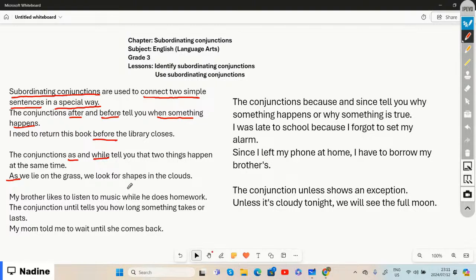And the next one says, my brother likes to listen to music while he does homework. That is also where we have our as and while, and it tells us about two things happening at the same time.